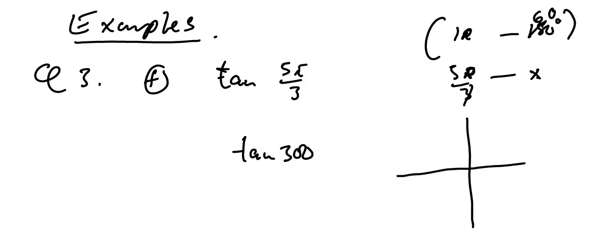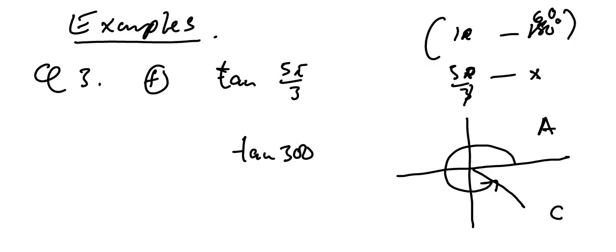Now we know where 300 is coming from. Which quadrant is 300 in, guys? Where is 300 located? This is the 300 that we have, and we are in the 4th quadrant.